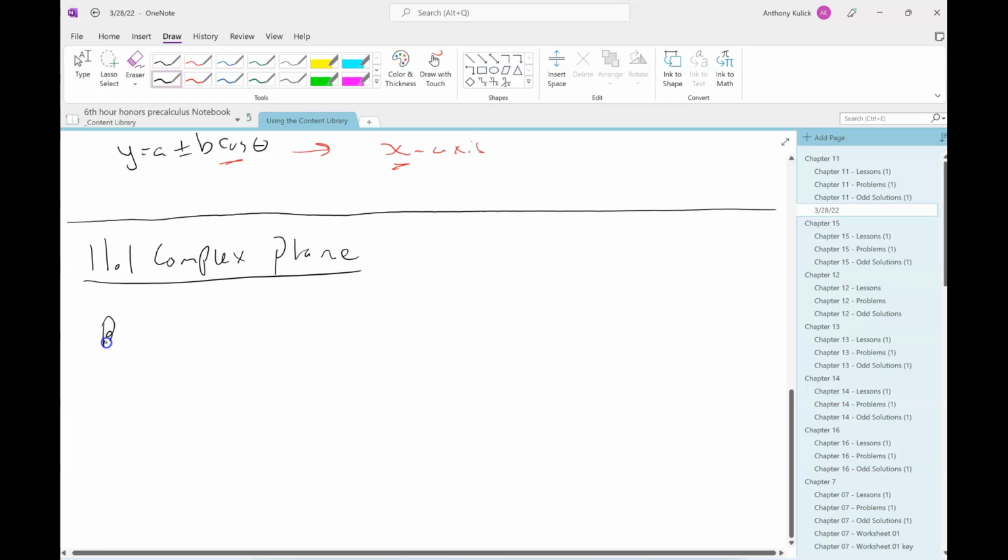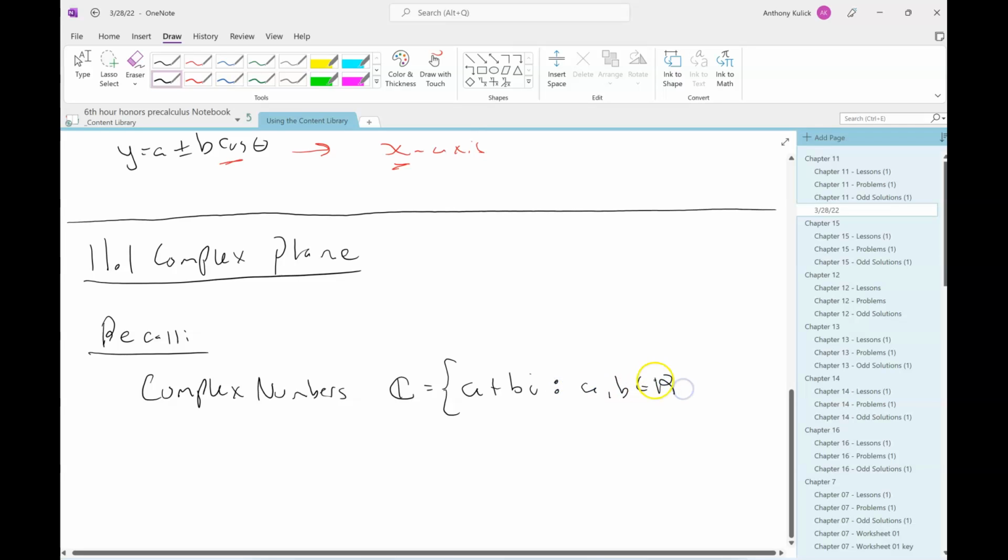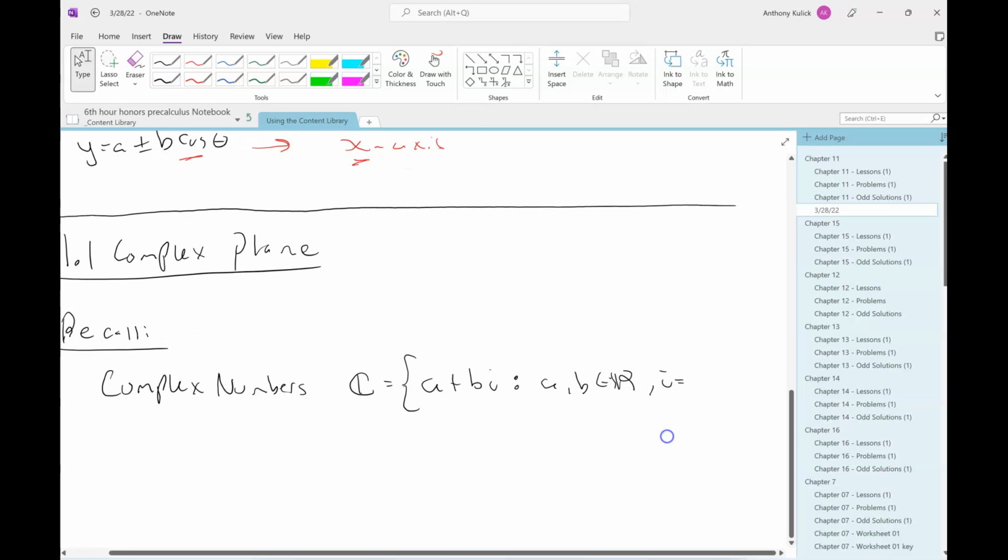So recall from your Algebra 1 class, the complex numbers are of the form a plus bi, such that a and b are real numbers, and i is the imaginary number that's equal to square root of negative 1.